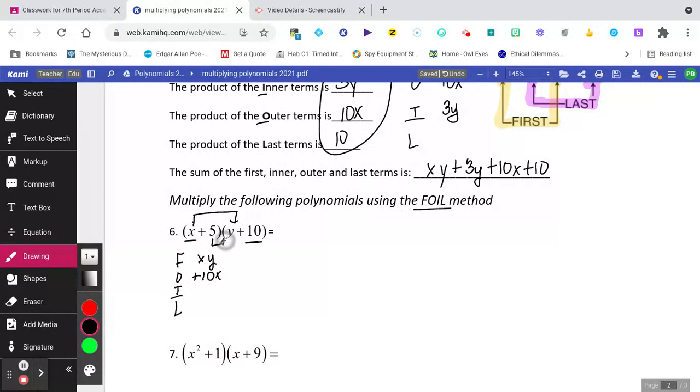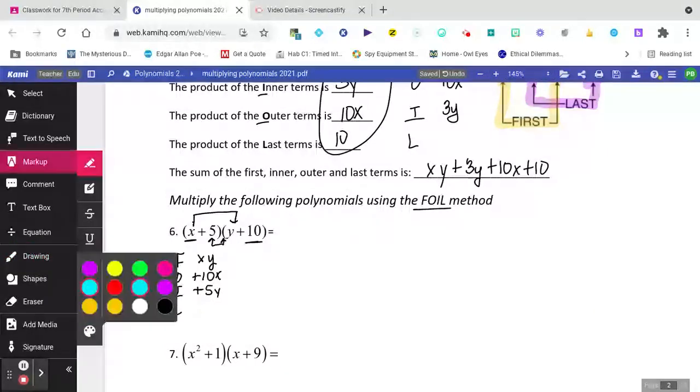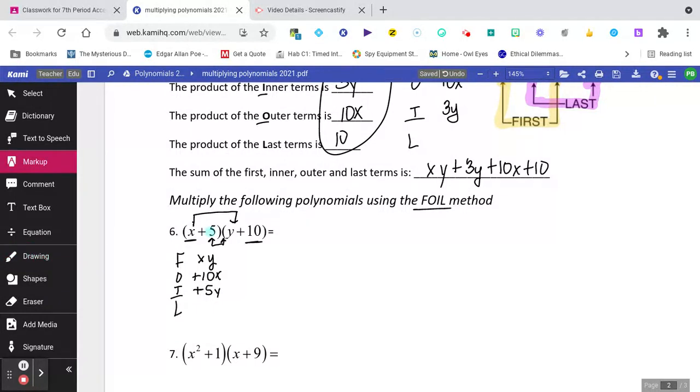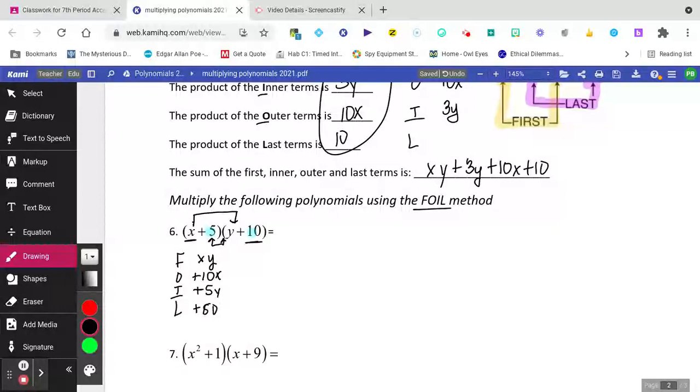What's on the inside? The inside is 5 and Y. So that's positive 5Y. And what's last in each set? Well, last in each set is a 5 and a 10. When I say last in each set, I mean last in each set of parentheses. So the product of 5 and 10 is 50. And I see I have no like terms. So it's XY plus 10X plus 5Y plus 50.